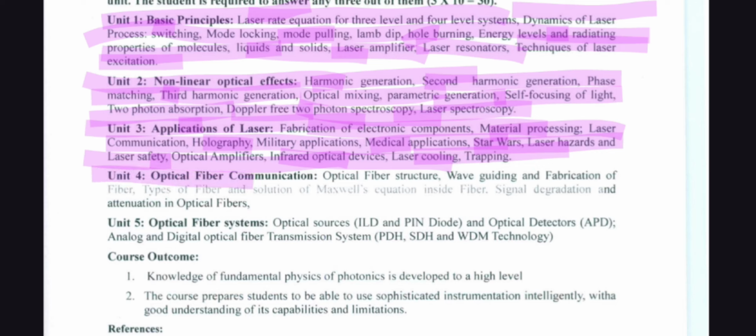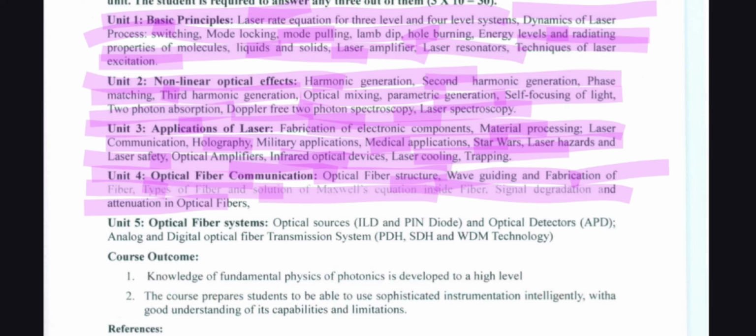Unit 4, optical fiber communications: optical fiber structure, waveguide and fabrication of fiber, types of fibers and solution of Maxwell equation inside fiber, single mode, coordination and attenuation in optical fibers.